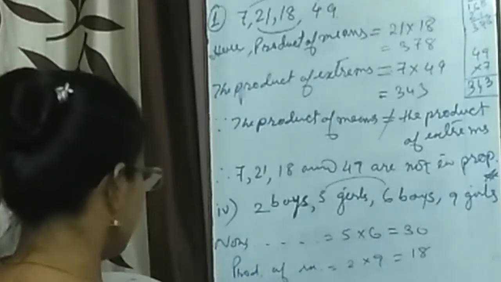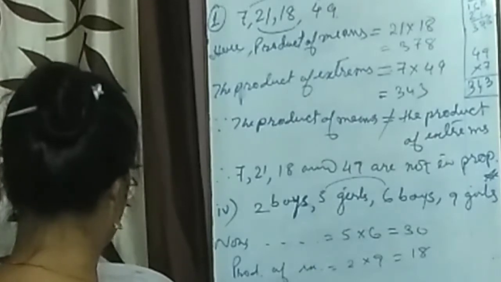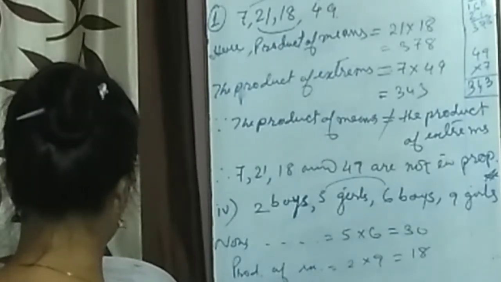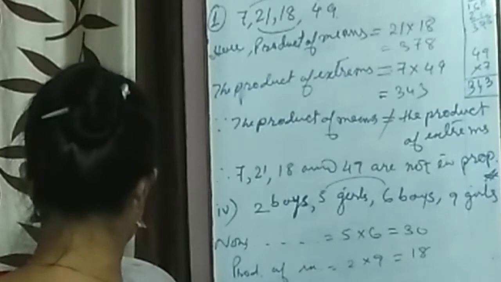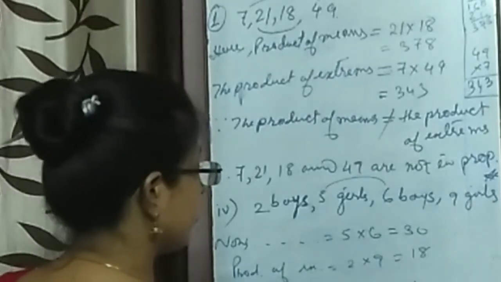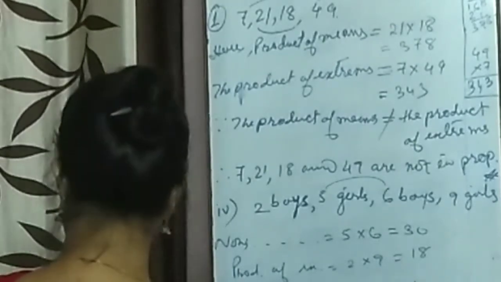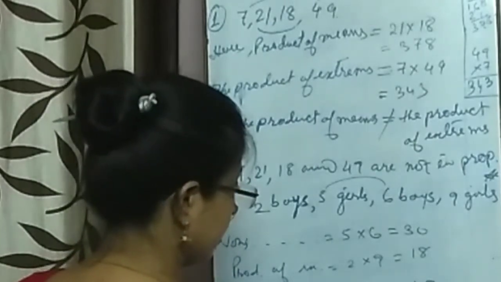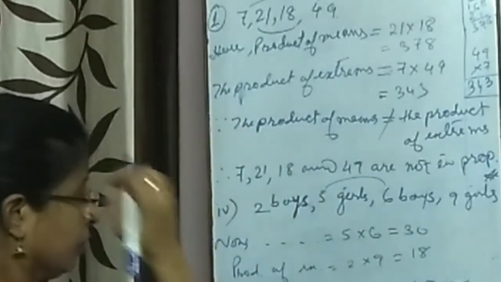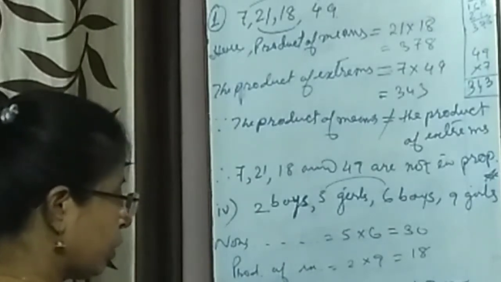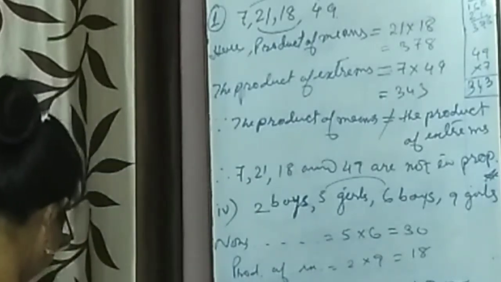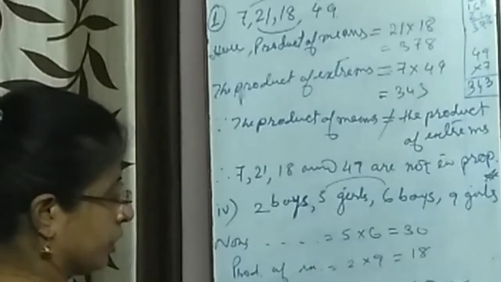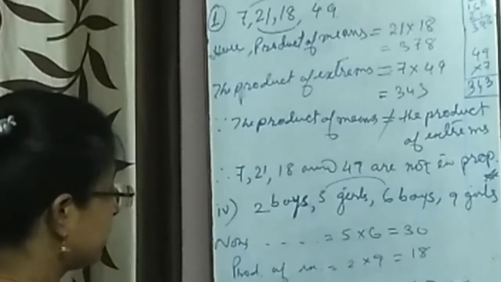I am giving you the hints of the questions. 1 meter, 1.2 meter, 0.6 meter, then 1.8 meter. Don't worry about the units, you just need to multiply the terms.